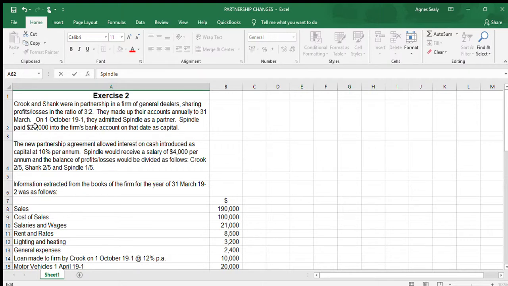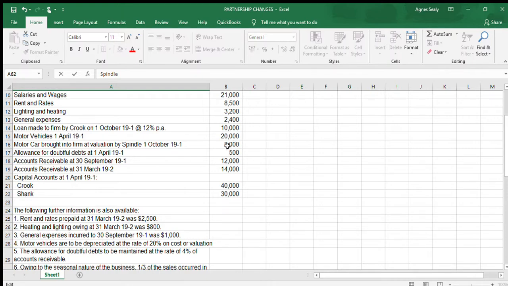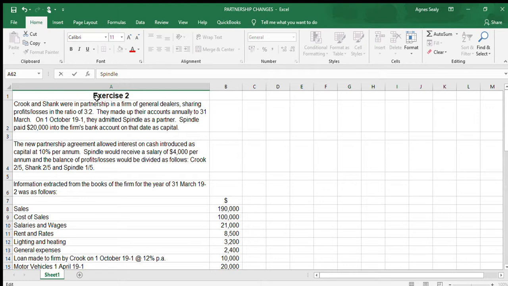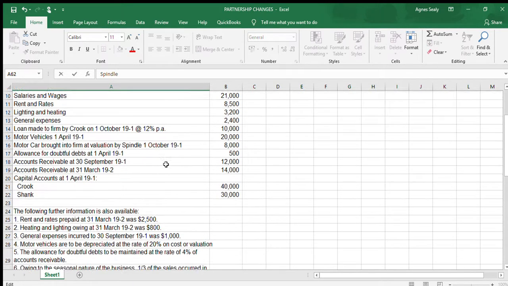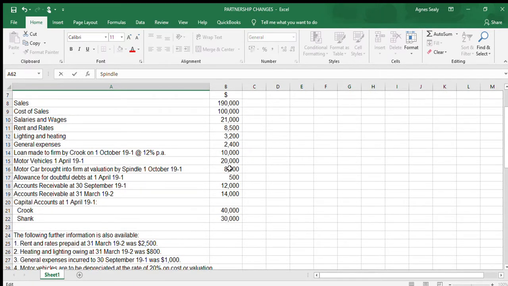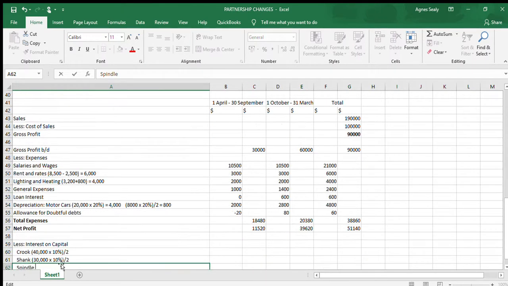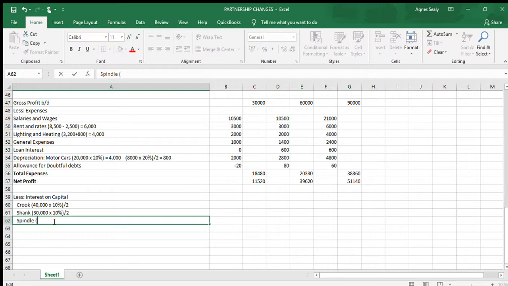Yeah, it was $20,000 that he paid into the bank account, but then he also brought in a car of $8,000, so his total capital then would be the $20,000 plus the value of the car of $8,000, so his total capital is $28,000.